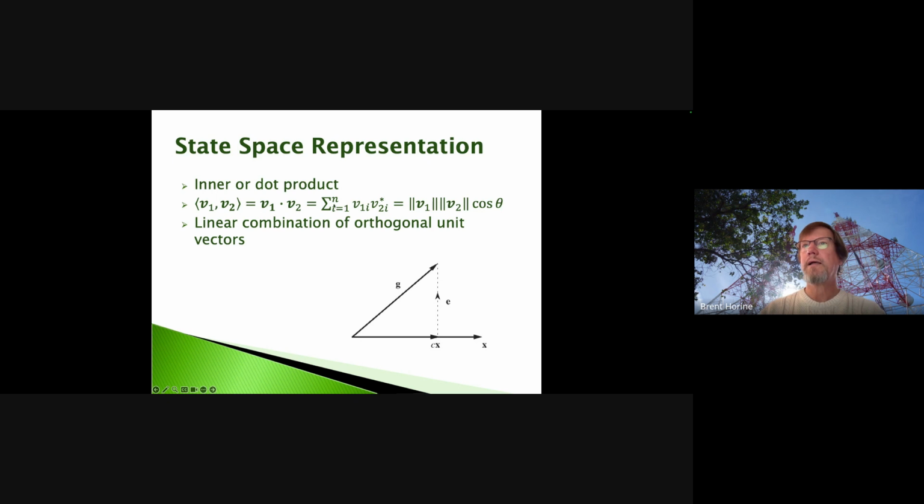A vector here then is a linear combination of orthogonal unit vectors with coefficients. So here we might have the basis functions and then the projections for each of those, and then we sum all those up, recognizing that they're all orthogonal to each other, and that gives us that vector.